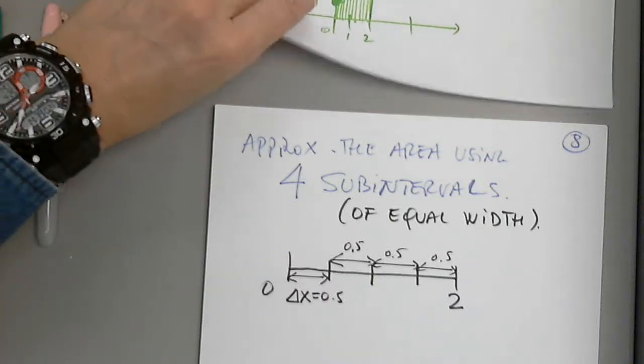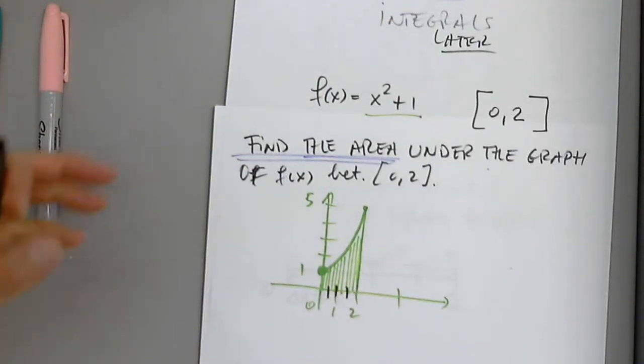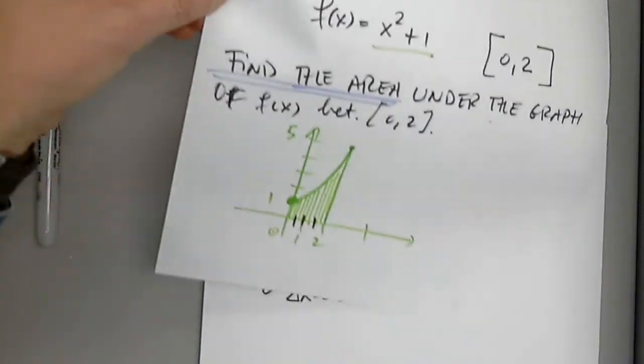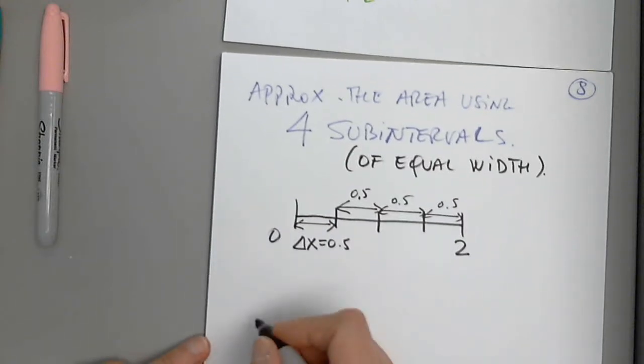So coming back to my graph, I will split the interval exactly how we showed it a second ago into 4 equal subintervals, like here. And we're going to be looking at 3 situations.